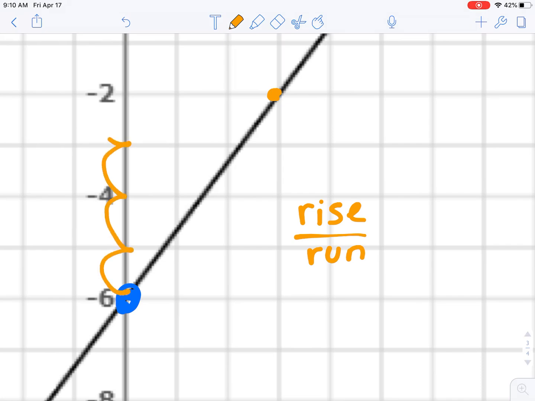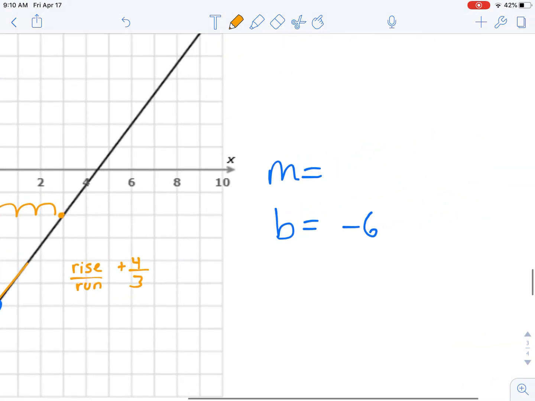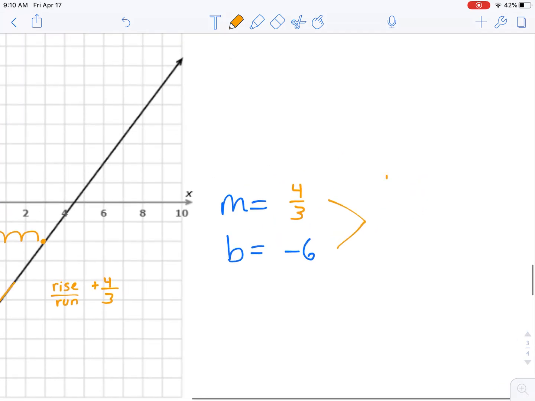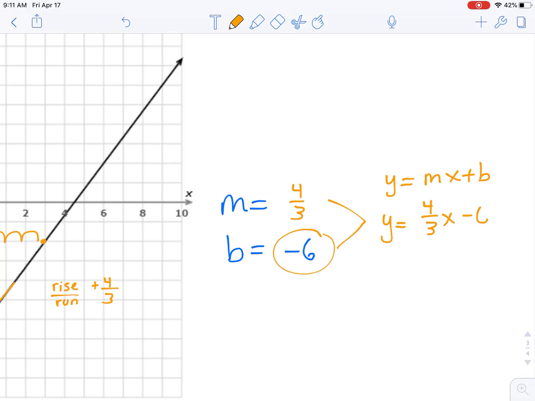We went up 1, 2, 3, 4, and then we go over 1, 2, 3. It's going up a hill, which is a positive 4/3. Putting that information together, let's write our equation in y equals mx plus b. So y equals 4/3 x, don't lose that x, and our y-intercept is -6.